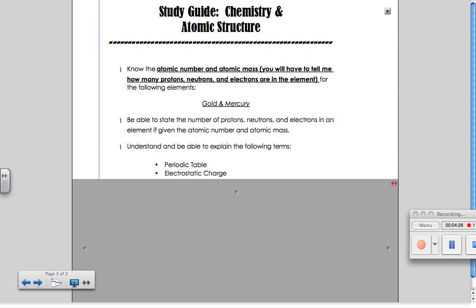It's not random. There is a set pattern based on the elements' properties and characteristics. Electrostatic charge. Do you remember this when I took the balloon in class and I rubbed it on Serena's head? I forget who I had it in the other class. Kirsten's head. And the balloon, their hair stuck right to the balloon.